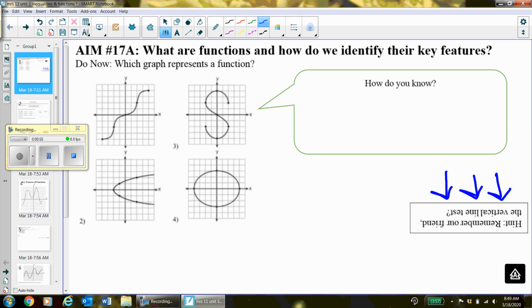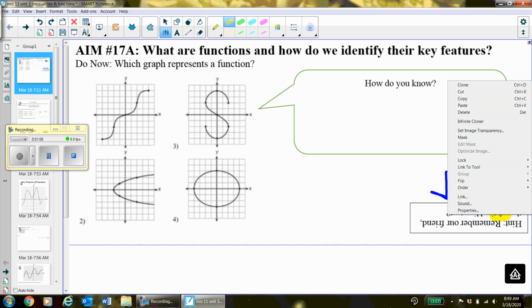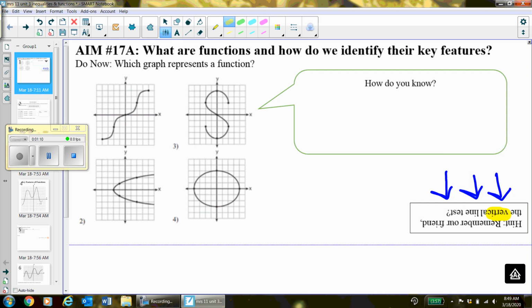I made a mistake on your packet actually, and I wrote horizontal line test instead of vertical. Let me fix that. Sorry, I'm new to this. Okay, so there's the hint.